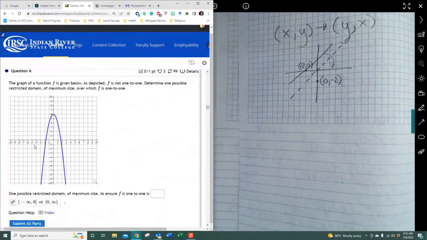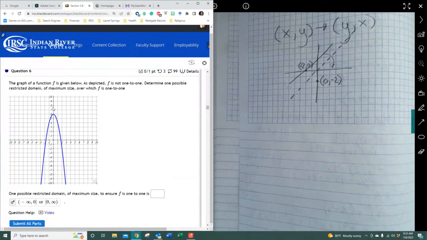All right, now when we want to go ahead and restrict this, it is going to fail the horizontal line test, but what if we cut it right in the middle? We cut it in half. Then it would restrict the domain so that we pass the vertical line test. So we can either choose the left side or the right side. Choosing the left side, we have -infinity to 0.